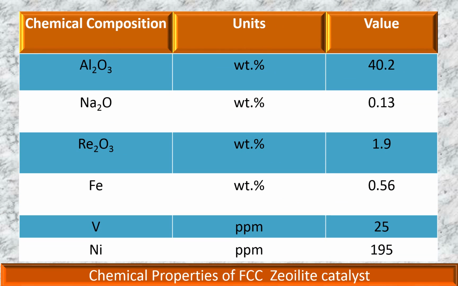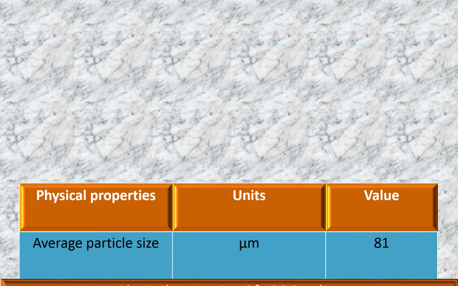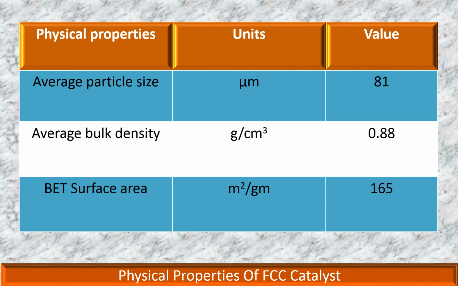Shown in this table is the chemical composition of zeolite catalyst used in fluidized catalytic cracking of petroleum fractions in refineries. You can observe several metal elements in ppm level of concentration are used in the catalyst to improve the stability. This table shows some of the physical properties of FCC catalyst. Most important of them are the particle size and the surface area.